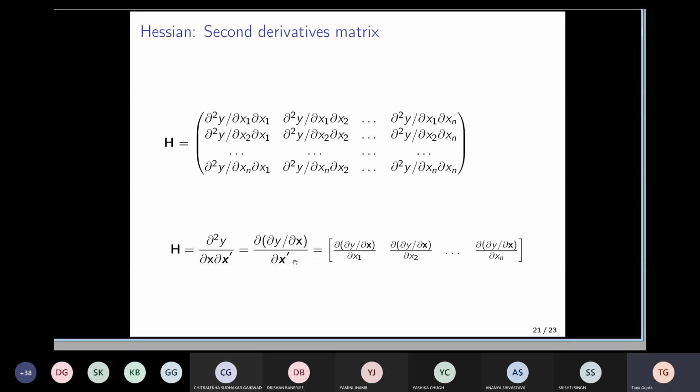Since it is a column vector and we are differentiating it with respect to x prime, all those second order partial derivatives will be stacked in a row form, and finally it will be stacked like this. That's it. So here I just wanted to show you how we are stacking in a matrix form.